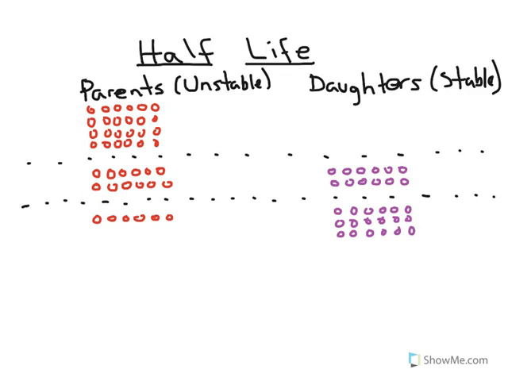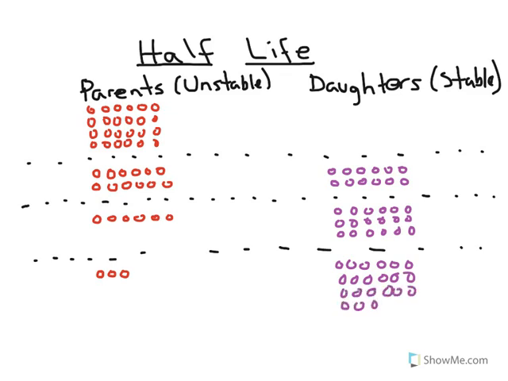So 2 half-lives later, we're down to a fourth of our original parents, and all those other parent atoms have been converted into daughter atoms. Another half-life, we lose another half of our parents. We're down to 3 parent atoms, and our daughters gain another 3. And so the process continues on.